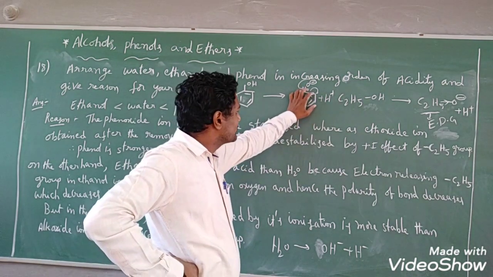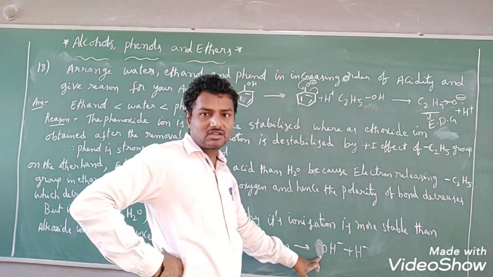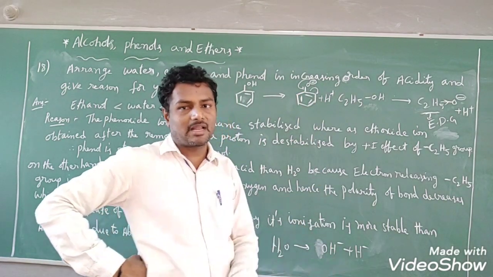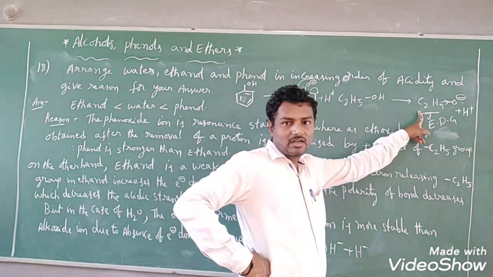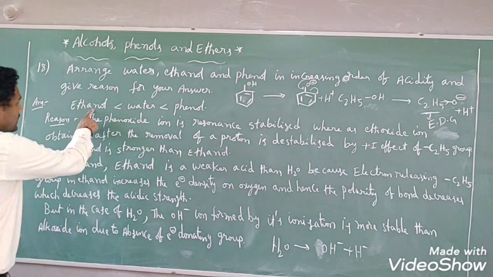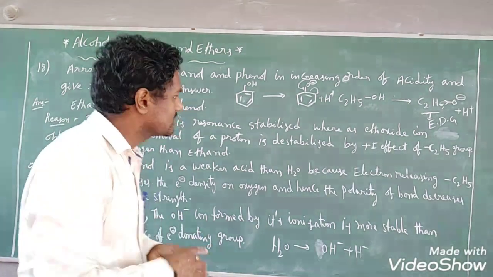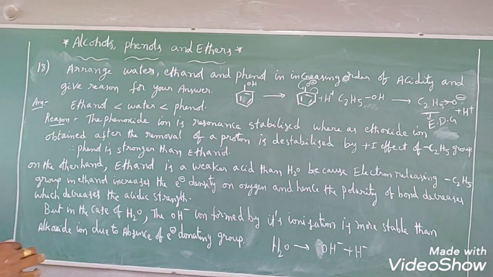So because of that reason, it is stabilized. Water is normal, not stabilized, not destabilized. So we can say the order of acidic nature is ethanol less than water less than phenol, right? This is the increasing order of acidity of ethanol, water and phenol, students.